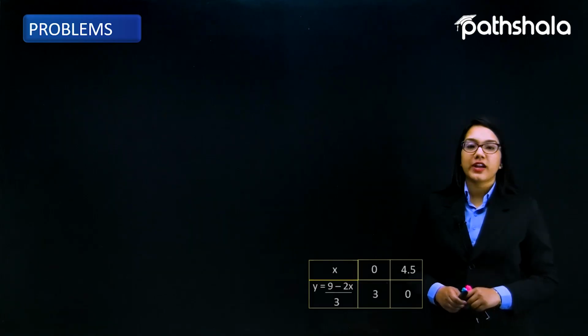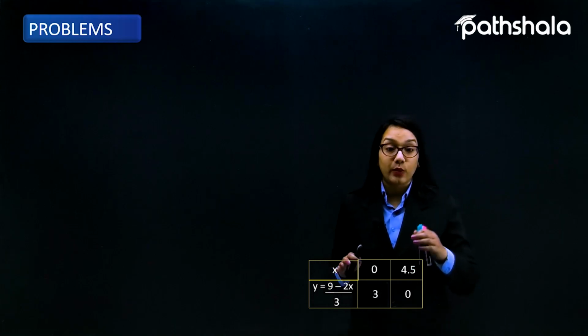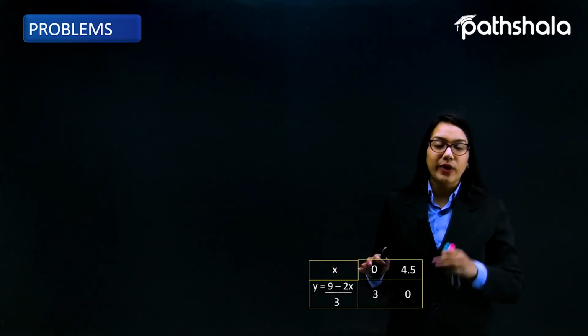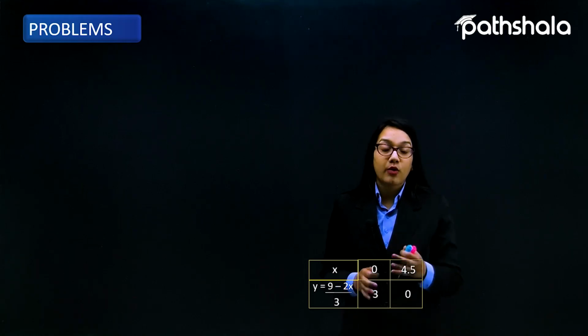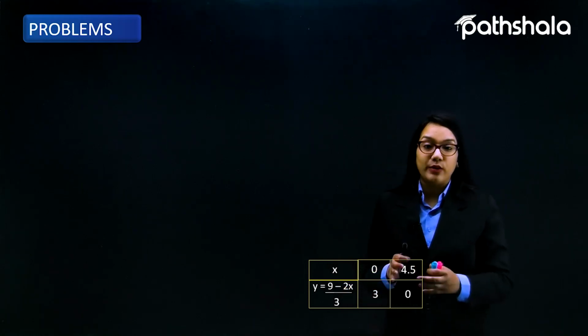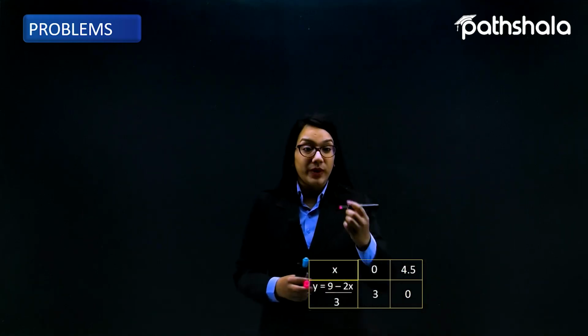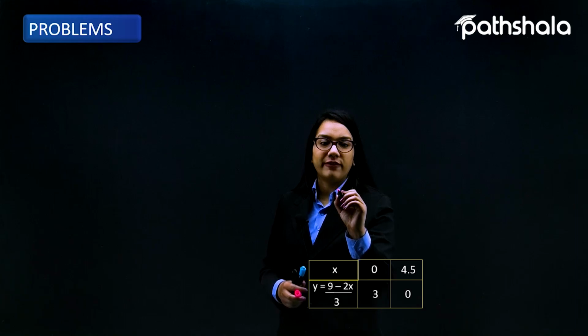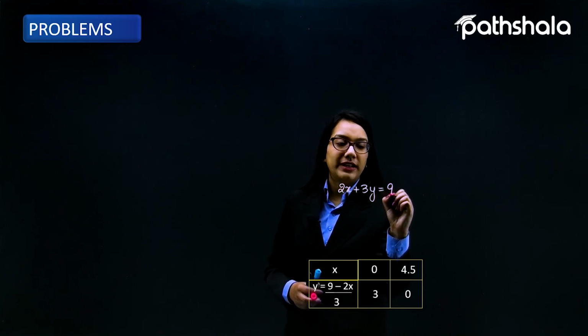Let us take the solutions for the equation 2x plus 3y is equal to 9. How have we taken these values? We know the very first equation is 2x plus 3y equal to 9 rupees.